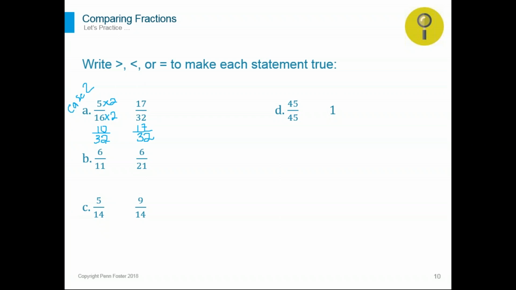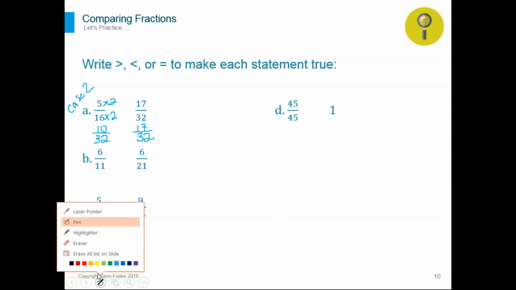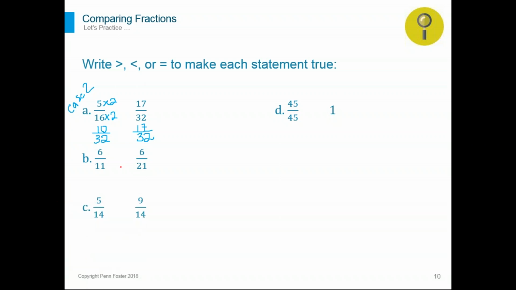In this case, I have two fractions with the same denominators. Compare the numerators. Then I'm able to write the right sign for the fractions. 10 is less than 17, then the first fraction is less than the second fraction. And I'm able then to say that 5 over 16 is less than 17 over 32.